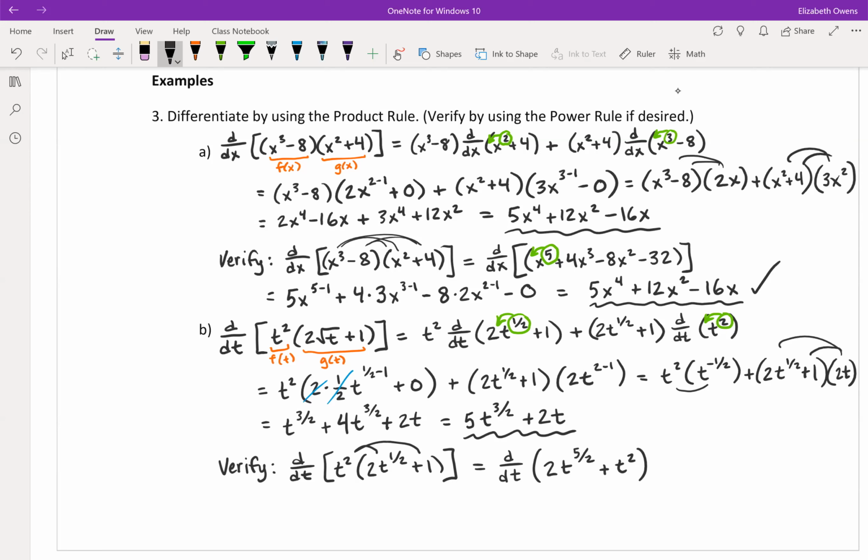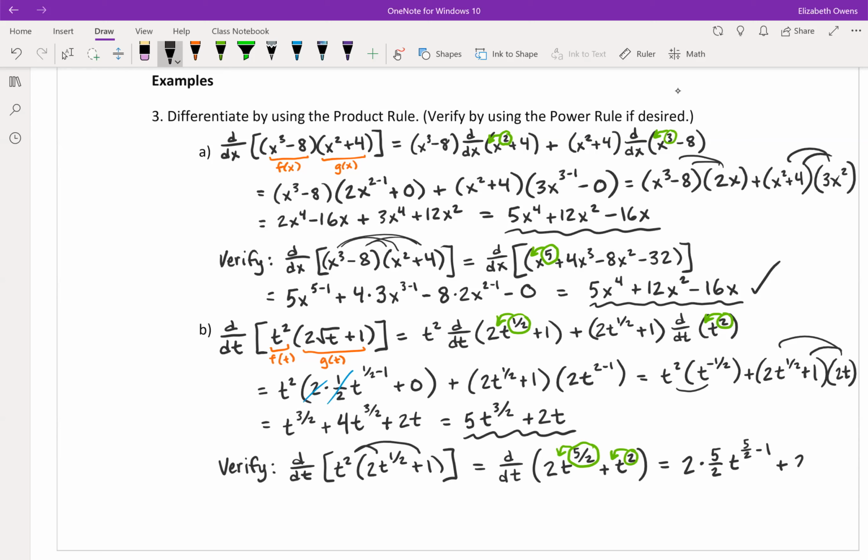Okay. So when we do this derivative now that it's been distributed, we're going to use our power rule only. All right, so we'll take our constant multiple of 2 times, bring down the 5/2 as a coefficient, and then t to the 5/2 minus 1. Okay, then we're going to add and bring down this 2 as a coefficient.